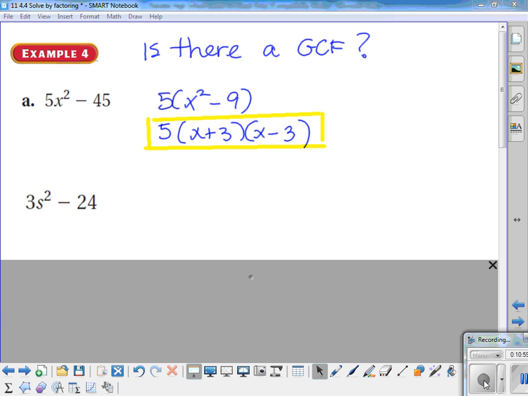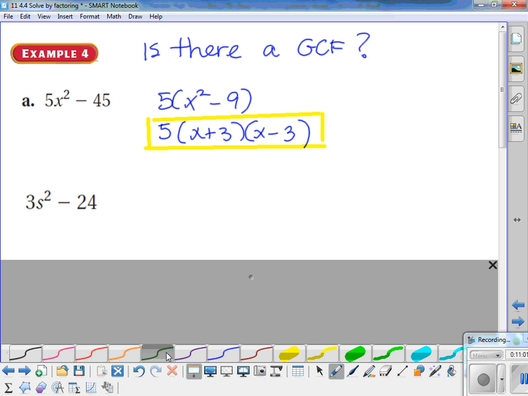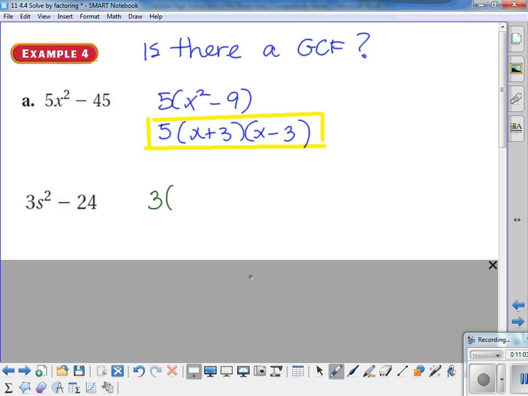Okay, so a lot of you were puzzled because when you factored out the 3, you got x squared minus 8, right? And 8's not a perfect square, is it? So really, at this point, when we're factoring, you would just leave it like that.